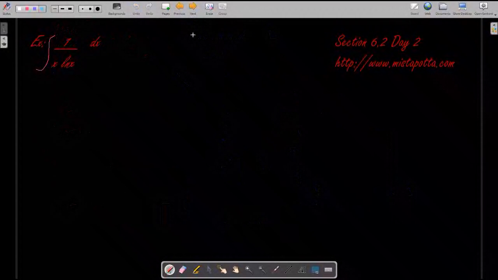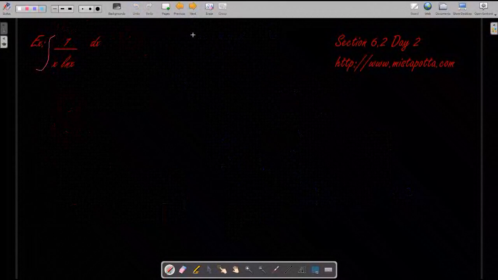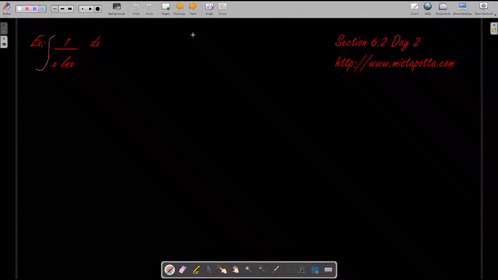Keeping in this vein of antiderivatives, I've got the antiderivative of 1 over x ln x. And we've talked about how when I see a fraction, I often want to look at the denominator.